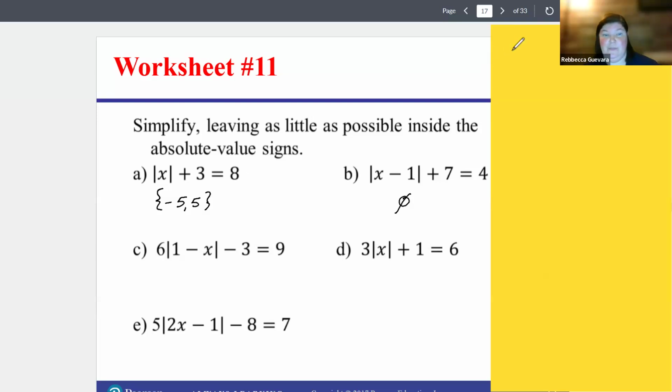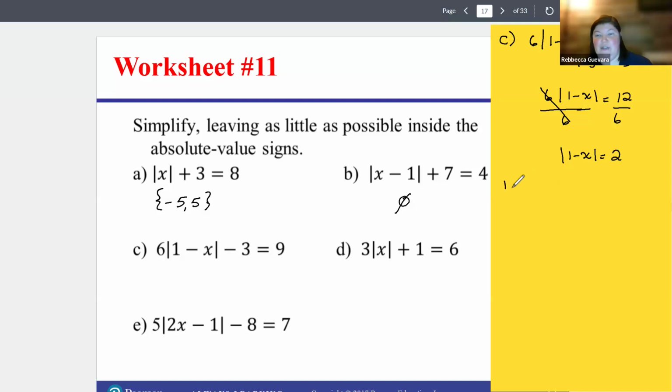So C, we have 6 absolute value of 1 minus x minus 3 equals 9. We want to isolate the absolute value, so first thing I'm going to do is add that 3 to both sides. Now I have 6 absolute value of 1 minus x equals 12. Now I'm going to divide both sides by the 6, so this 6 is gone, and I have absolute value of 1 minus x is equal to 2.